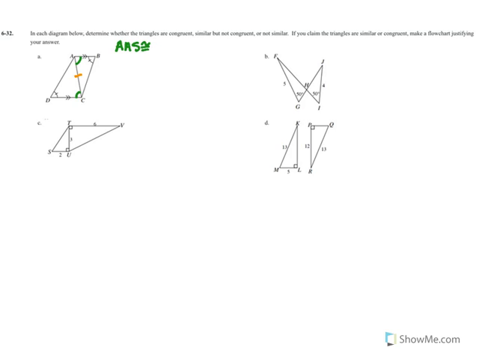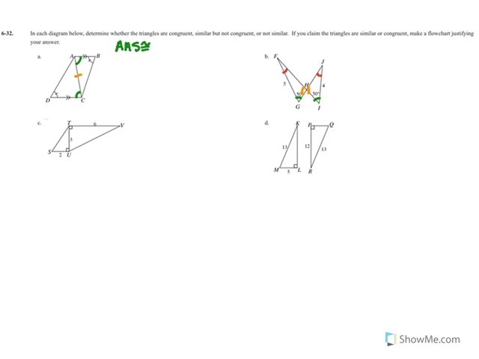If you look at the next one, we have vertical angles here. So this angle is congruent to this angle. They also give us another angle that's congruent to each other, so these 50-degree angles. But we really don't have more than that. We know that these other angles are congruent if the other two are, just because of the triangle angle sum theorem.